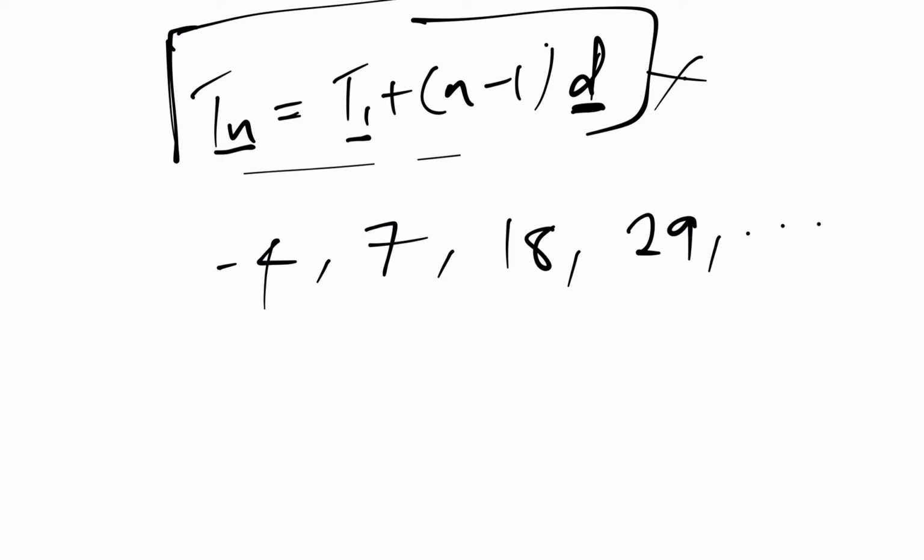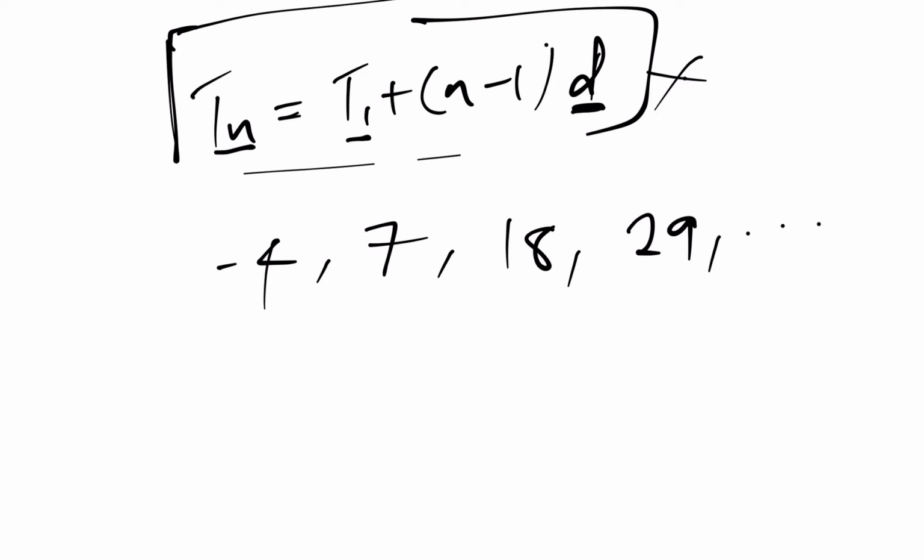So maybe the question says find the general formula for this arithmetic sequence. If the question is set for this arithmetic sequence, chances are they already know this is an arithmetic sequence, so you don't really have to confirm that. But for our case, I'll confirm for you to understand easily.